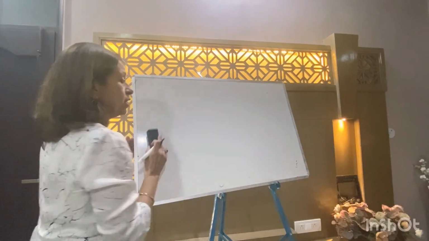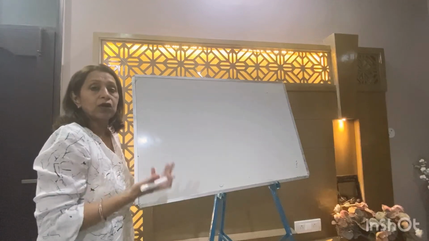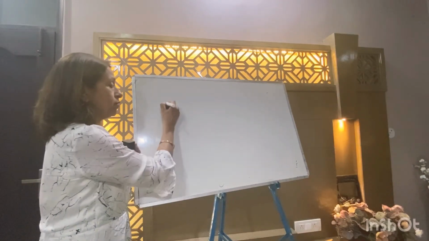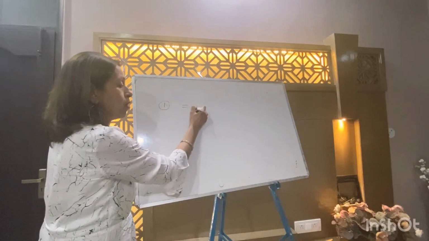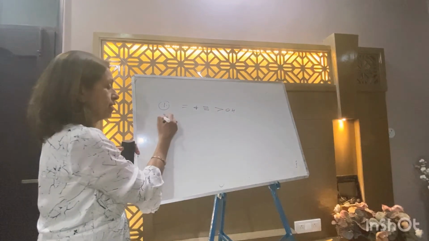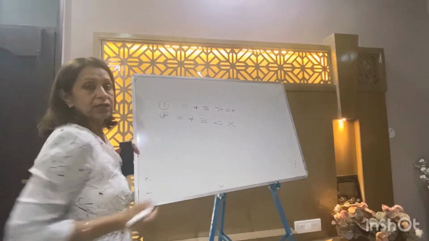Now I think it's clear. We have completed aldehyde, ketone, haloalkane, haloarene, alcohol, phenol and ether. I am repeating again what I taught. Double and triple bond are preferred over alcohol. Second, double and triple bond are not preferred over halogen.